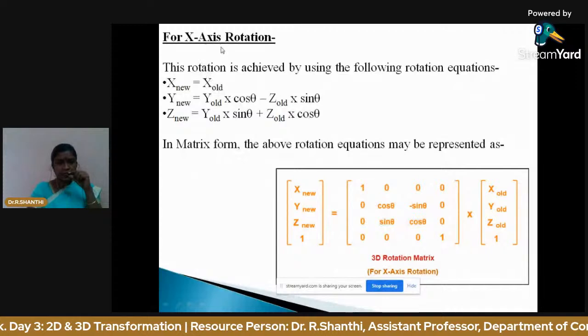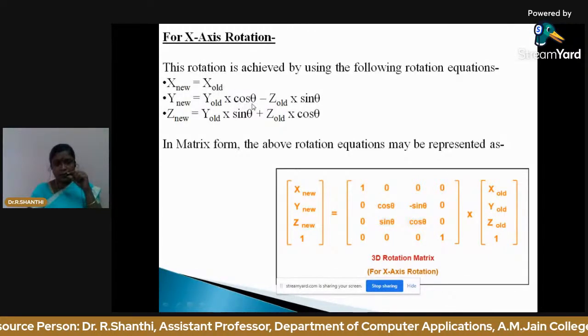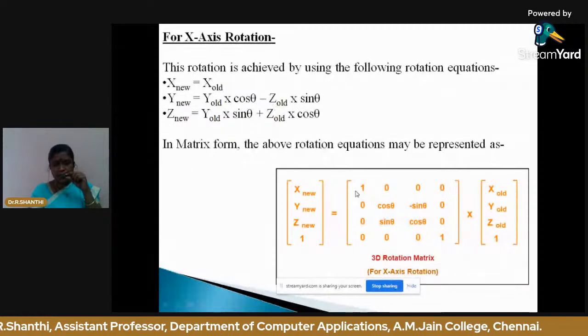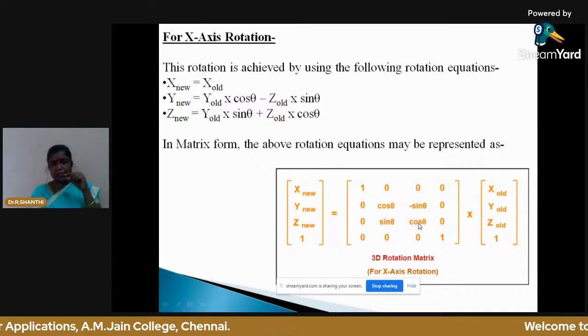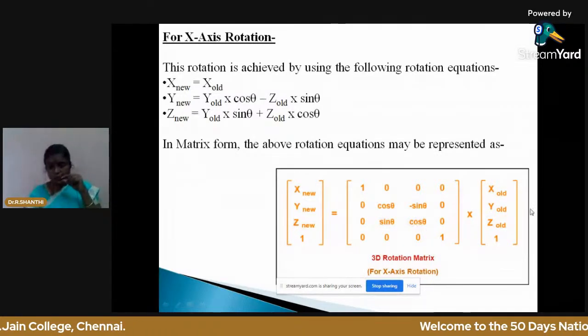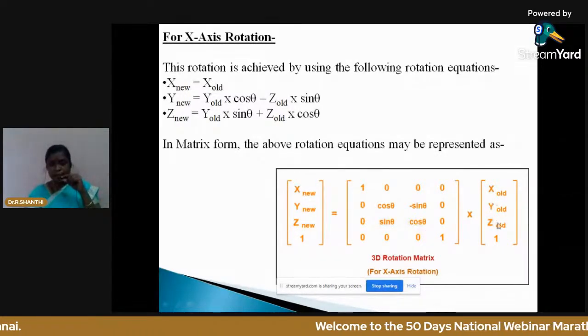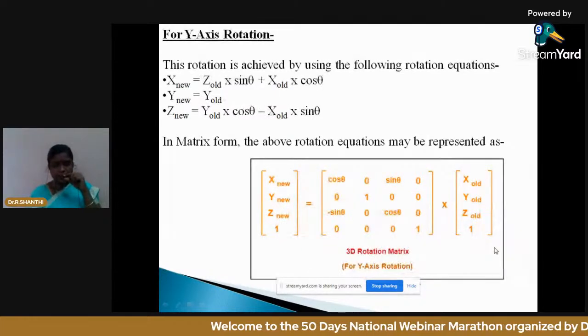Here in the x-axis rotation, the x value will not get disturbed, so you maintain the same value. You are not going to disturb the x-axis, so you have written the unit matrix. You have included the cos and sin values as we had in 2D. Then you multiply with the x, y, and z values.